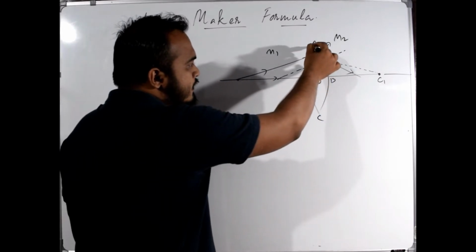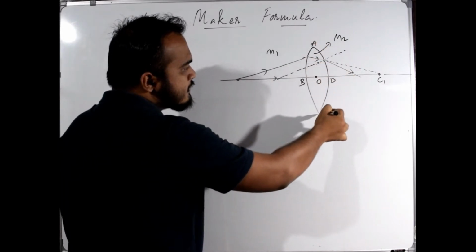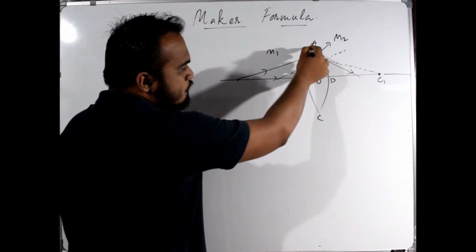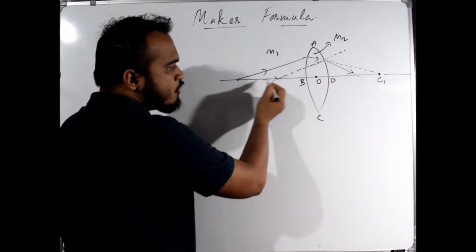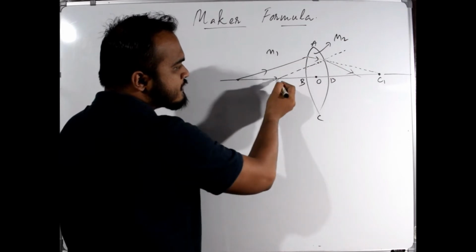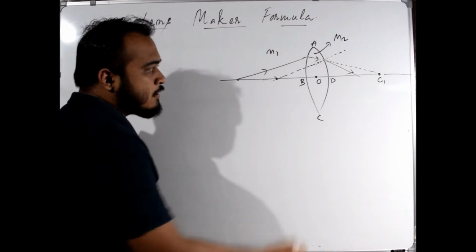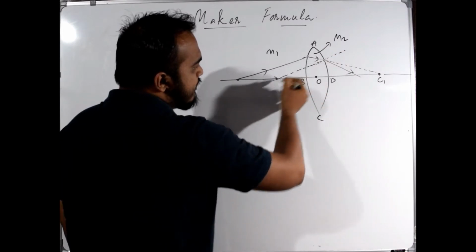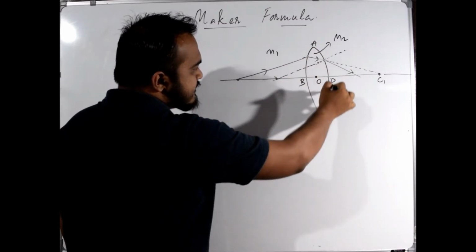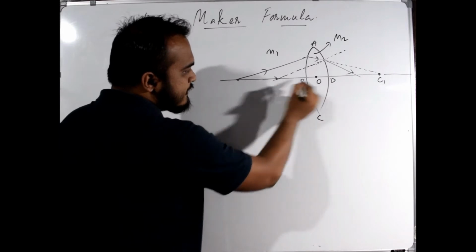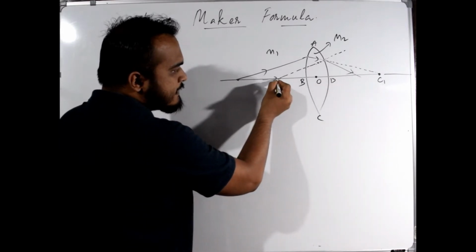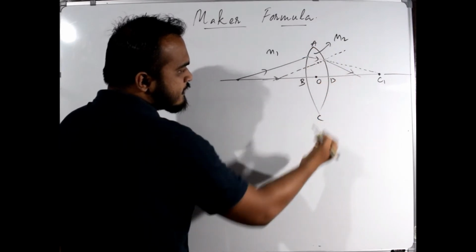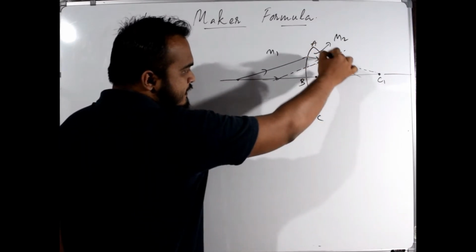In the same way, the normal on the surface ADC will also meet the principal axis at the center of curvature of this surface, that is, the surface ADC.